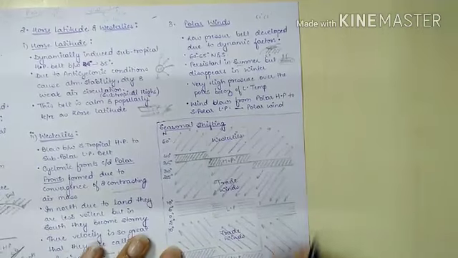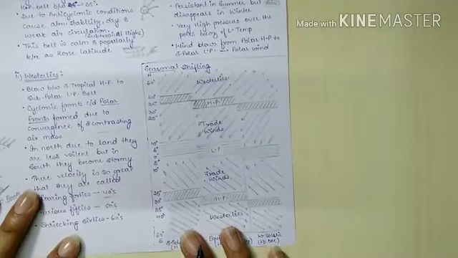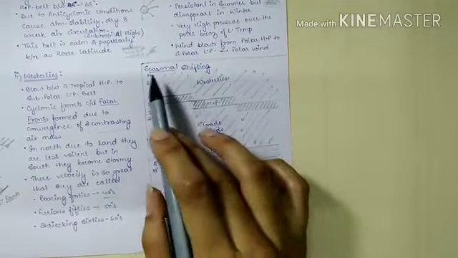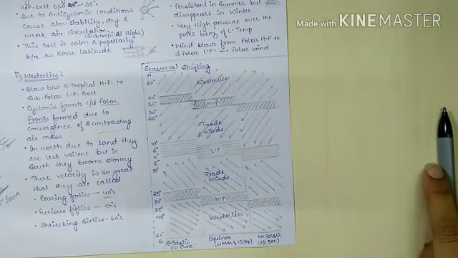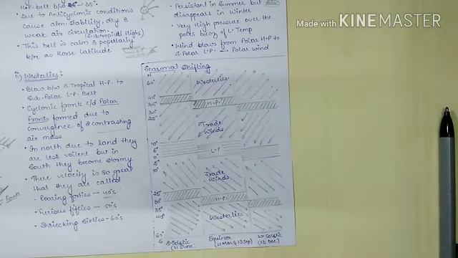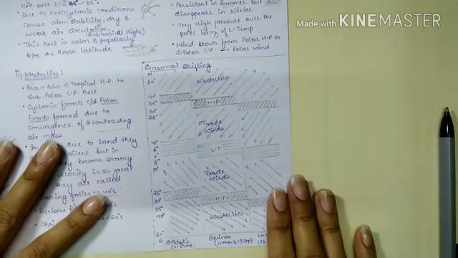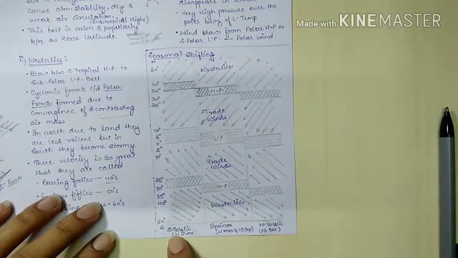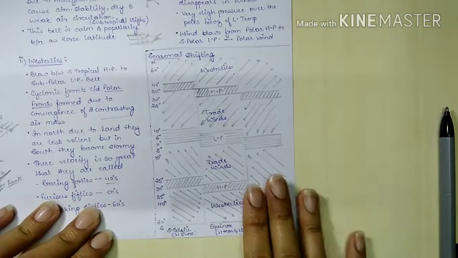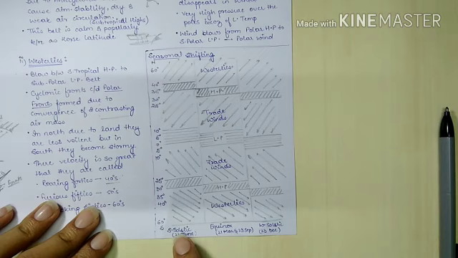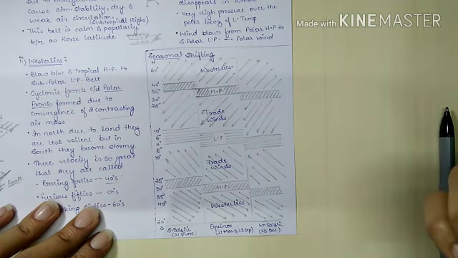Now, we will look into the seasonal shifting of winds, how the winds shift according to time. First we will see the summer solstice, that is 21st June. On 21st June, the sun is shining bright in the northern hemisphere on the Tropic of Cancer.